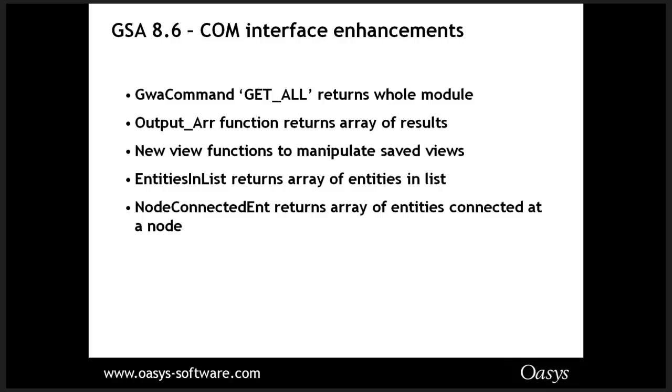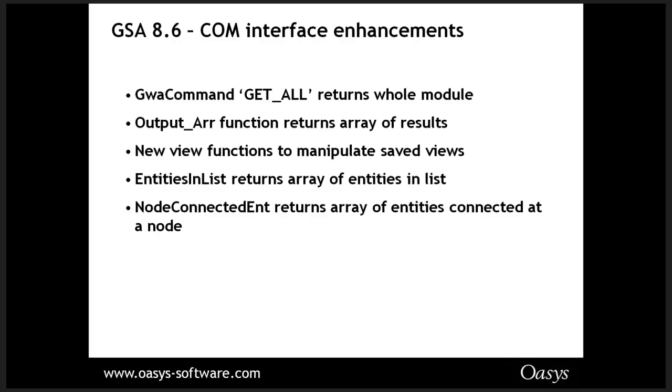The GW command getAll option retrieves all nodal information for a particular module in a single function call, and you can then obtain this information as a string that you can parse. That means a reduced number of calls to the COM interface, and that should speed up the extraction of model data.